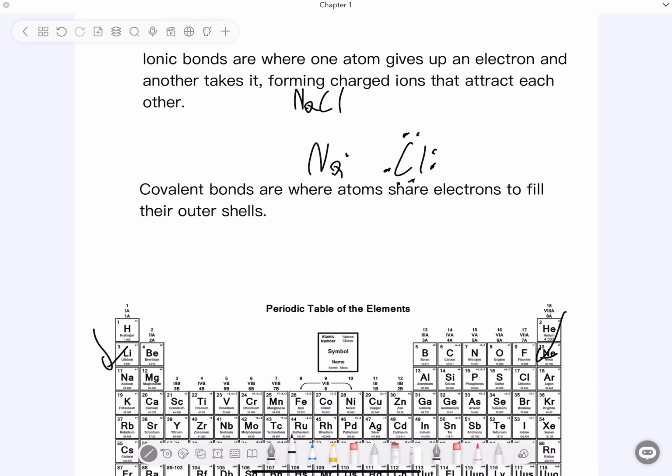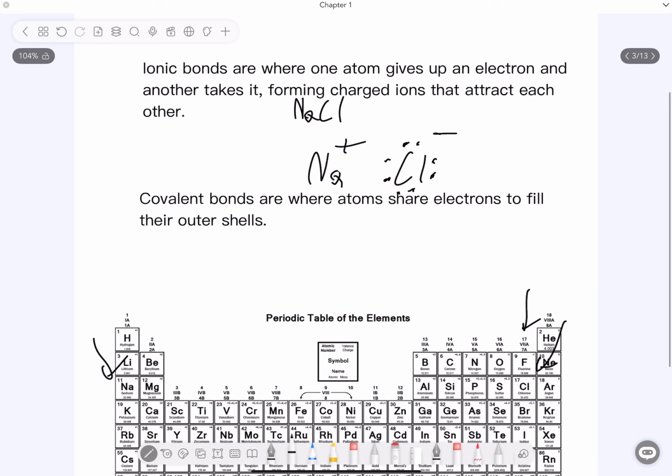What happens here is that this electron gets transferred over to the chlorine. So our chlorine would have a negative charge because now it has 8 valence electrons, which is 1 over 7. And our sodium here will have a positive charge, because it has 0 valence electrons when it has 1 on the periodic table, right?